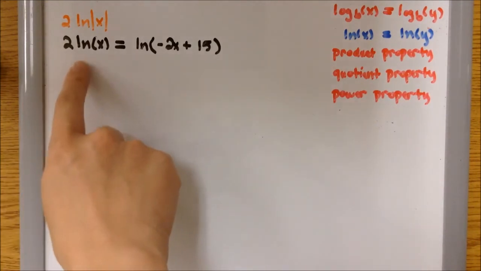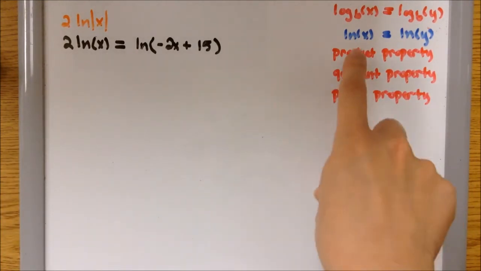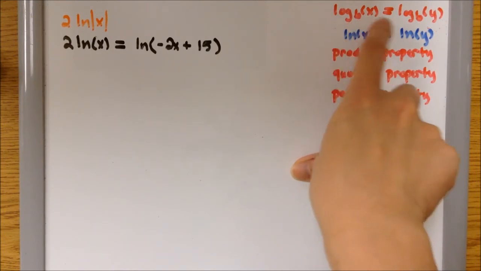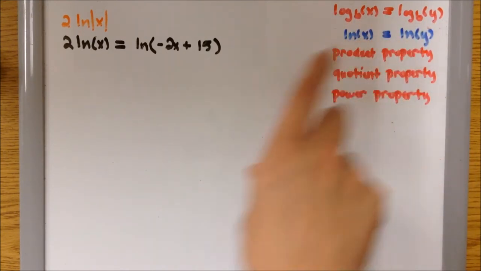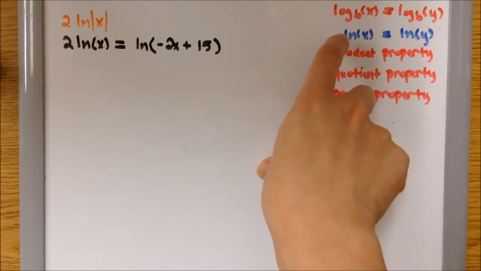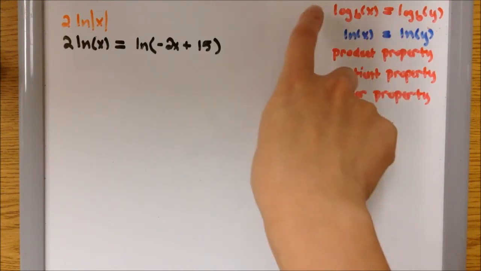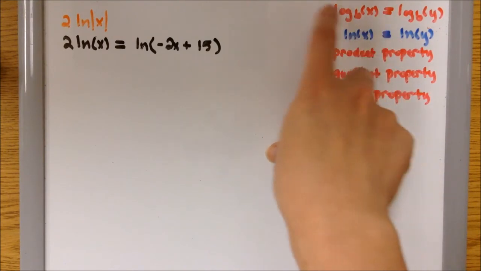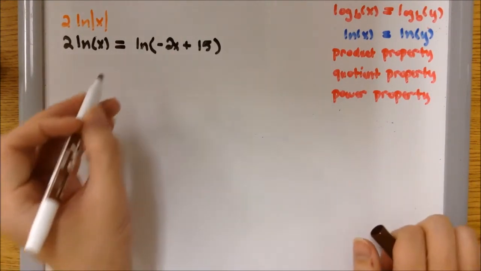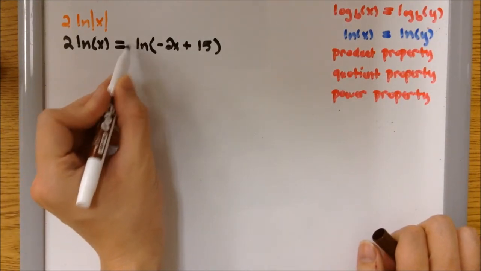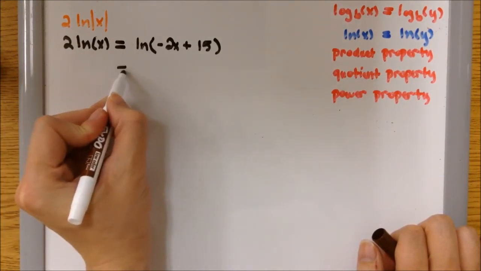Now if we compare log base b of x equals log base b of y and natural log of x equals natural log of y, we see that there are no numbers except for an invisible 1 in front of the log and natural log. So here I've got to do the same thing. Now if I take a look at the right side, we see that it is a natural log with an invisible 1, so I'm going to bring down the right side.